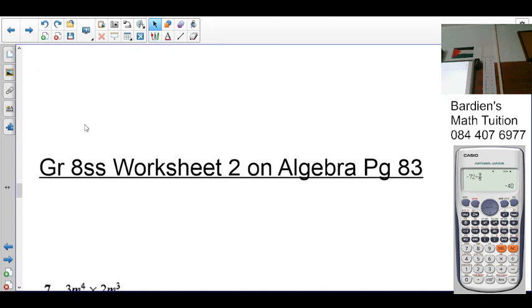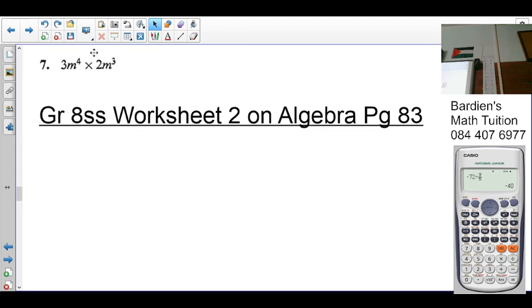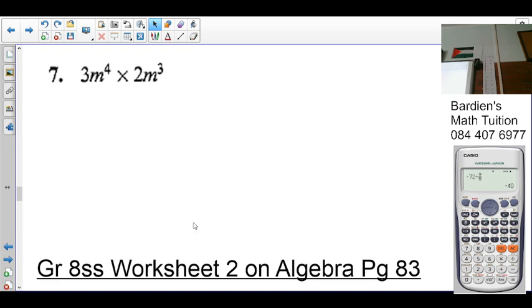Right, let's carry on. Number 7. So we've got 3m to the exponent 4 times 2m to the exponent 3. Do we need to look for like terms here? Now when do we look for like terms? You add and subtract.